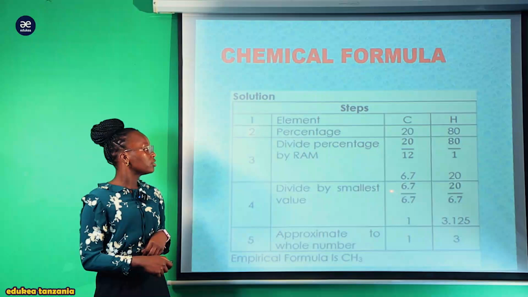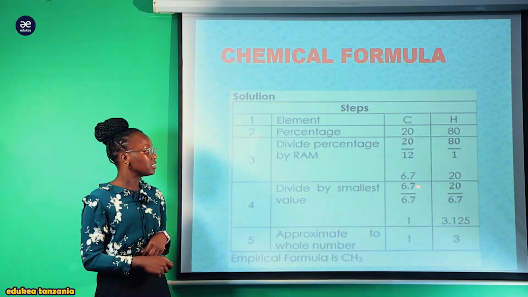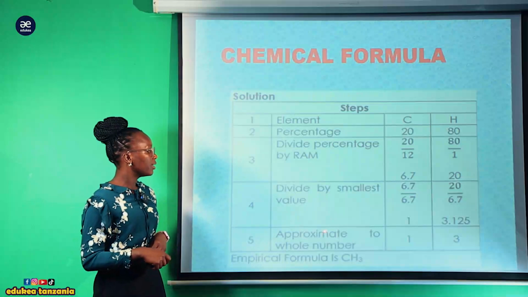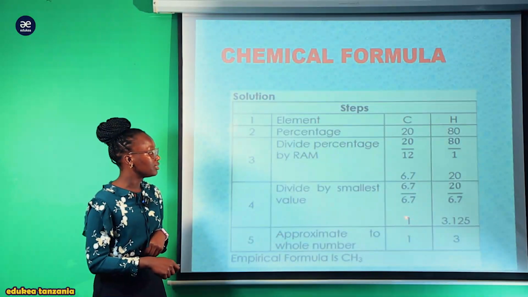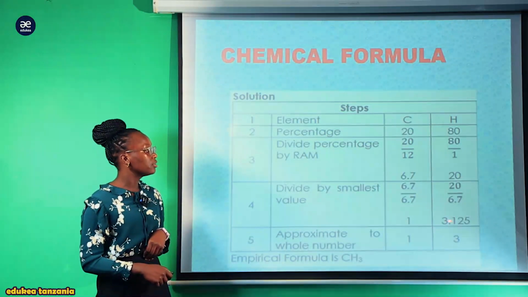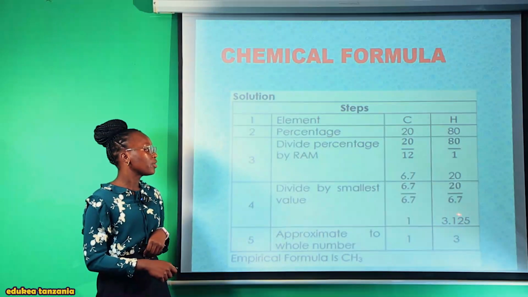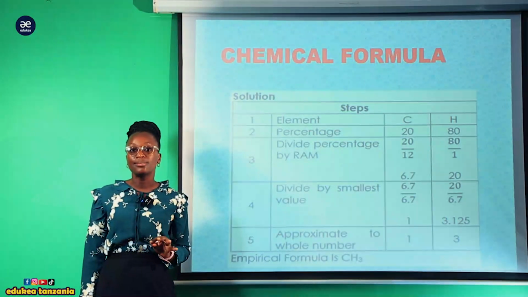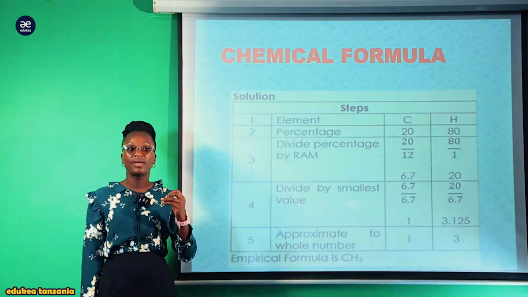So 6.7 ndo tutagawanya kwa kila upande. So you will end up having the value of 1 at the carbon, and at the hydrogen you're going to have 3.125. Lakini this should not be in decimal places, so it should be a whole number.